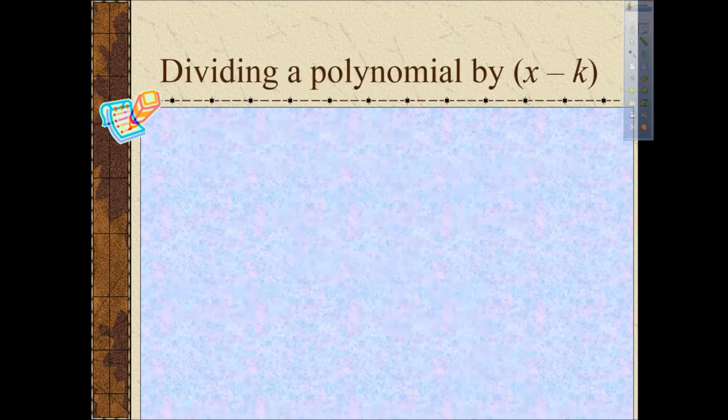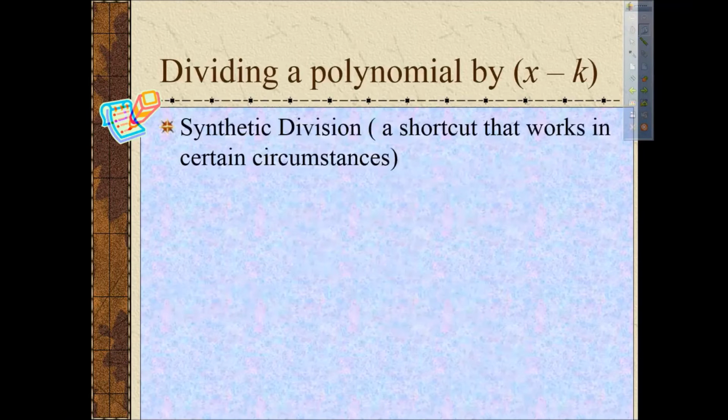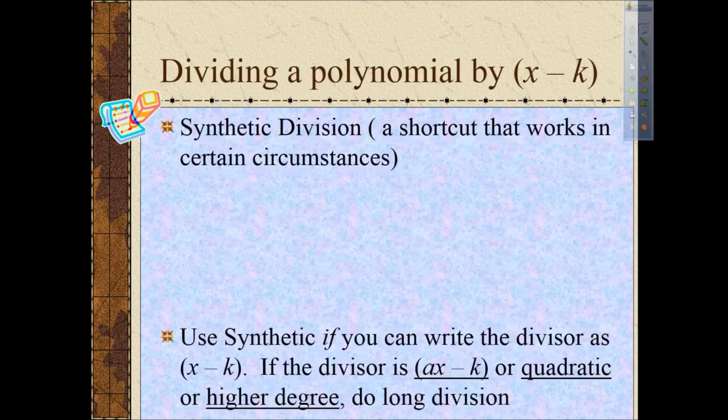This is called synthetic division, and it's a shortcut that will work in certain circumstances. Synthetic division is best used if you can write your divisor as x minus k. So x minus a number. If the divisor is ax minus k, or there's a coefficient in front of that x, or maybe a quadratic that you're dividing by, or some higher degree, it's probably better to do long division.